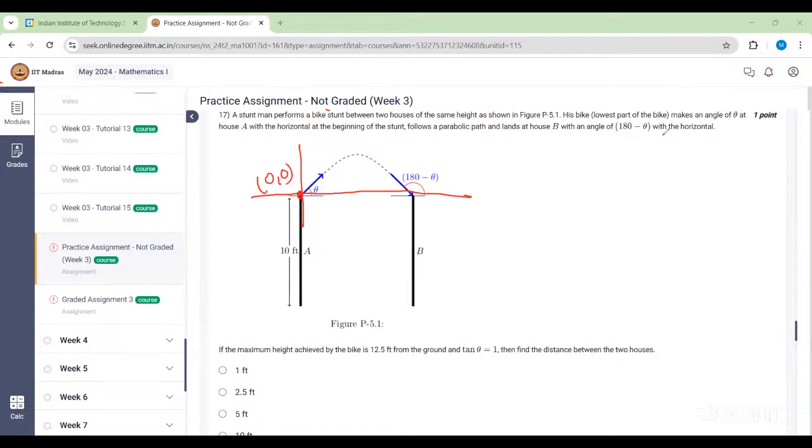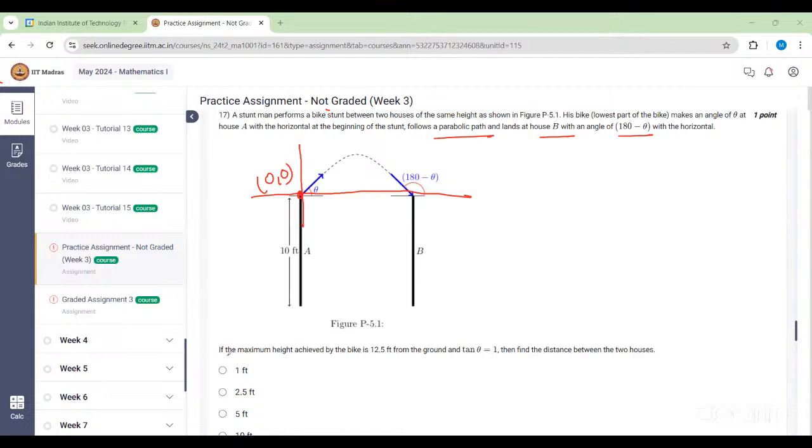The bike follows a parabolic path, and it lands at point B with the angle of 180 degrees minus theta with the horizontal. That's not what we want to do. This is not important to us.